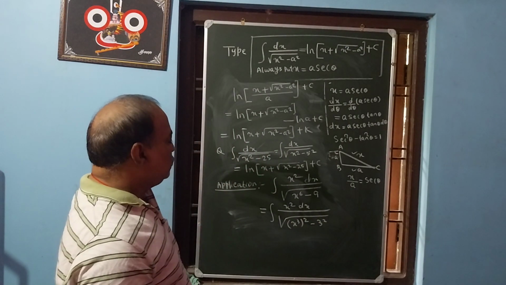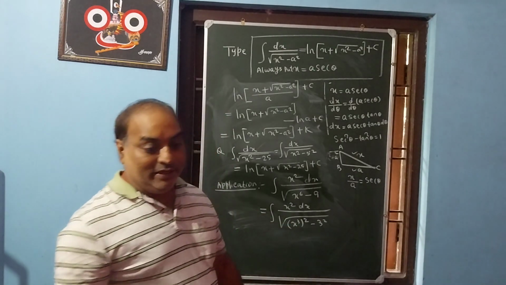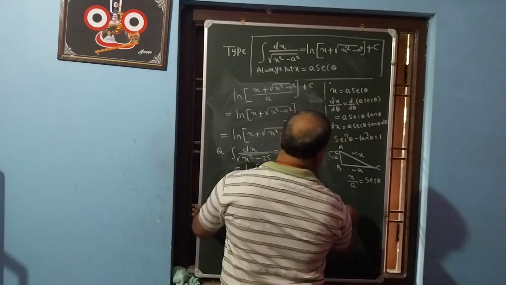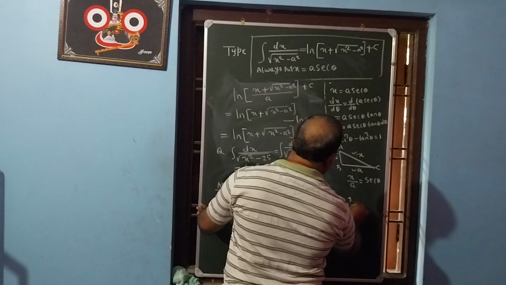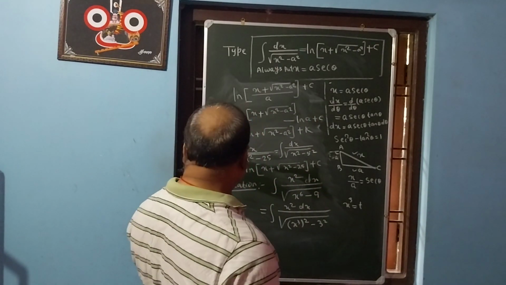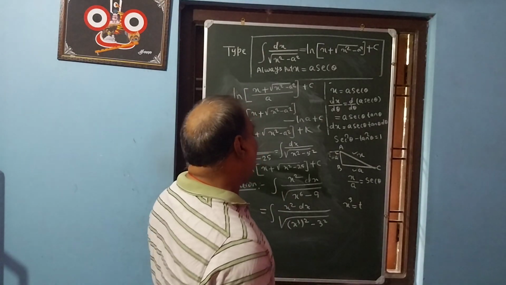So you see here, let us take x cube is equal to t. Once you take this, you have to differentiate on both sides with respect to x.